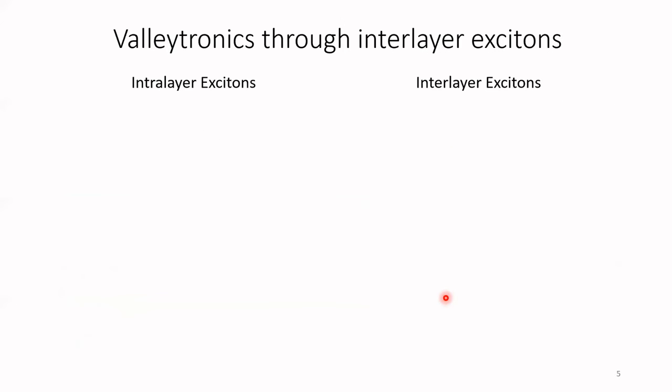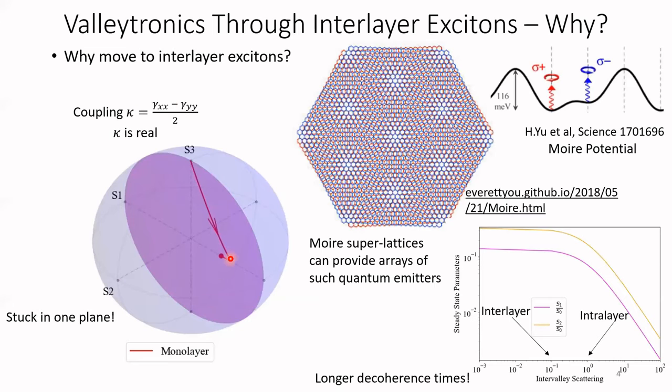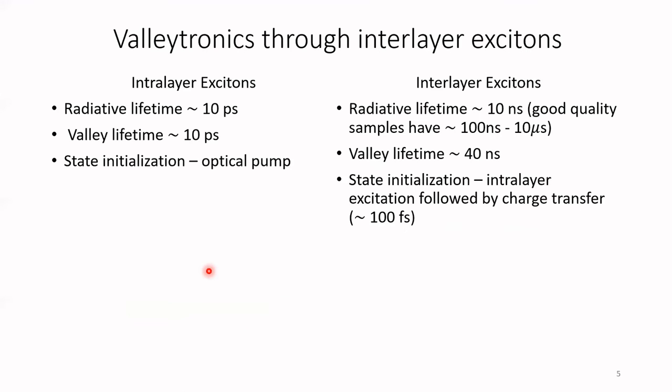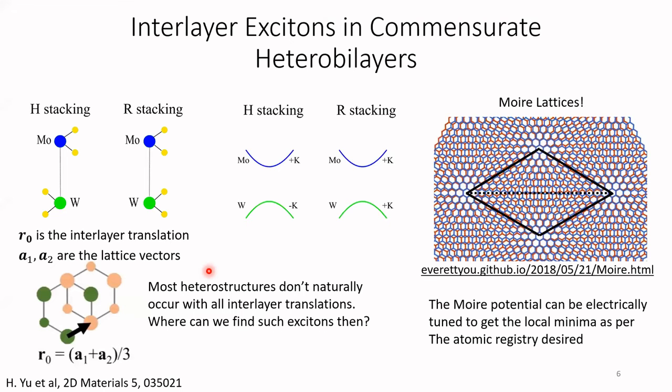If we go back a few slides, the reason they're stuck in this plane is that monolayer excitons have in-plane circularly polarized dipoles. So if interlayer excitons also have in-plane circularly polarized dipoles, that's going to be pretty bad for us. We're not going to be able to overcome the stuck-in-one-plane problem.